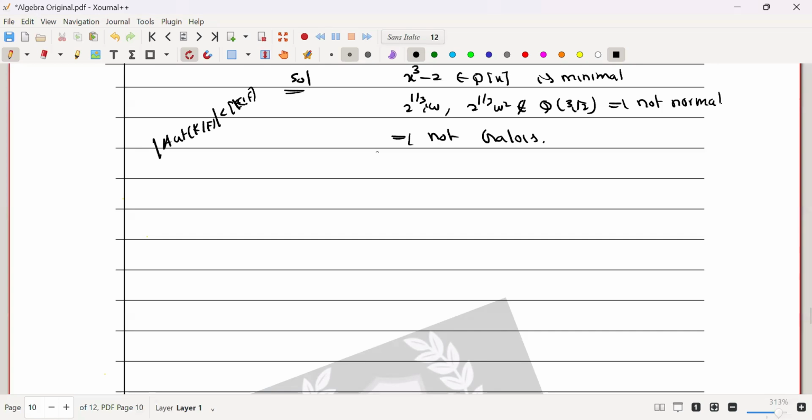Let's find out. So suppose we define an automorphism from Q of cubic root of 2 to Q of cubic root of 2.